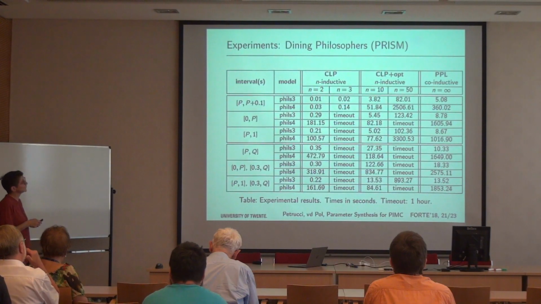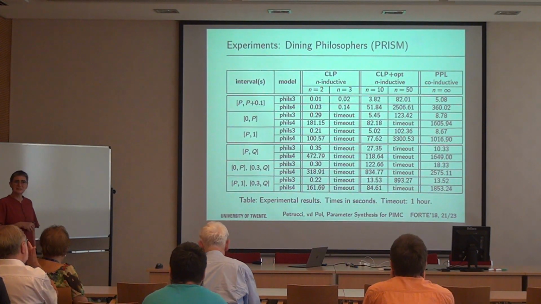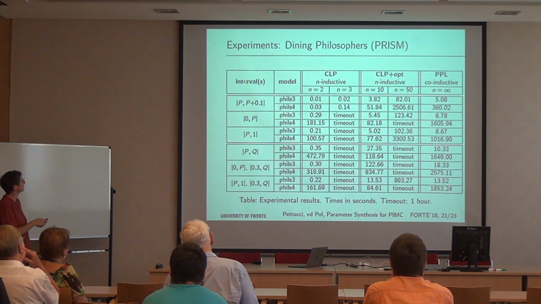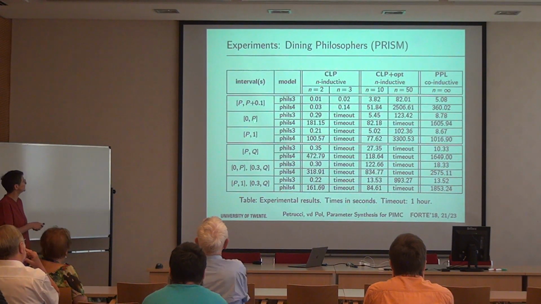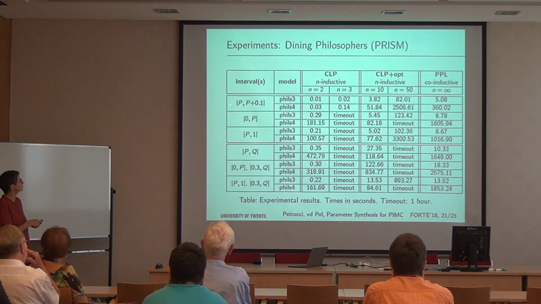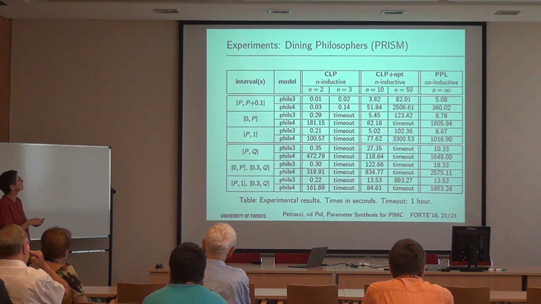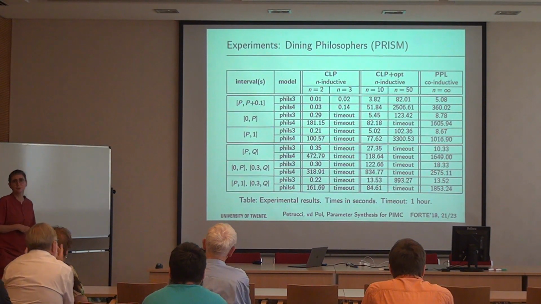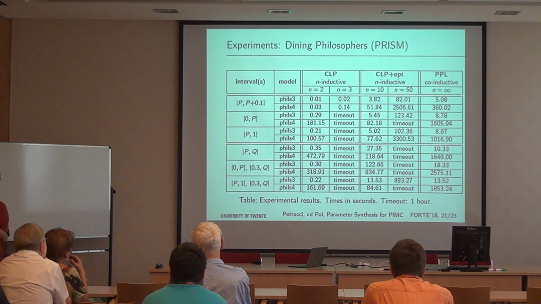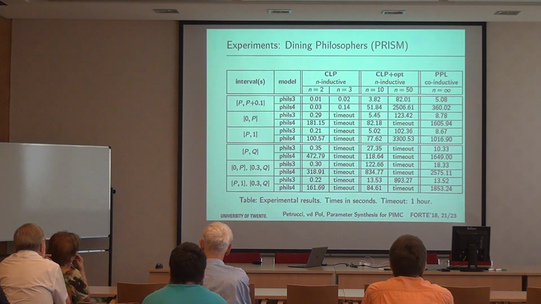So we picked some probabilities and replaced them by what is here on the left-hand side. Here we had one parameter only, and we replaced some probabilities with the interval p plus 0.1. All the other probabilities are fixed, so the interval is the probability itself.